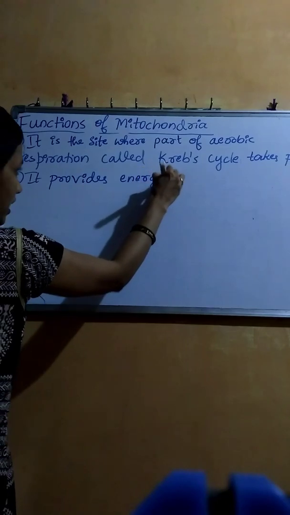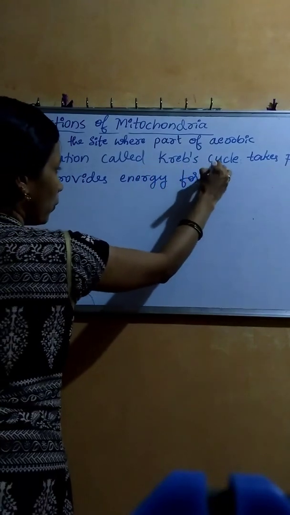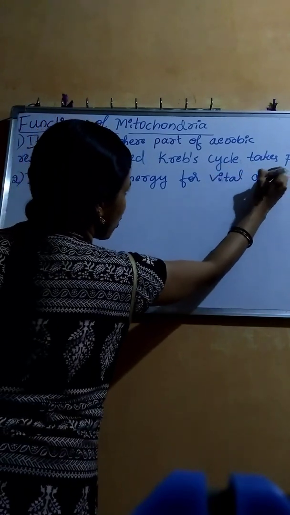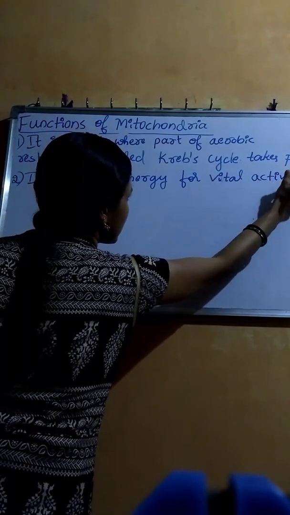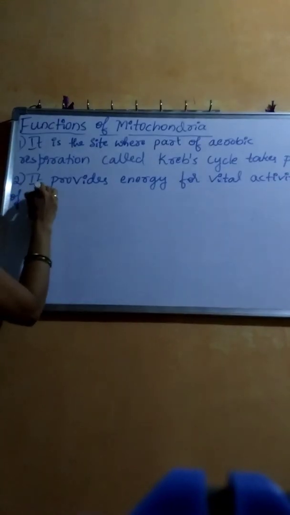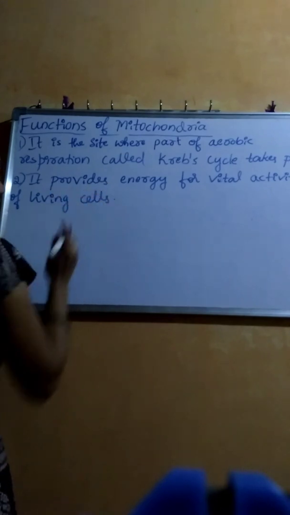Mitochondria provides energy for vital functions, the important activities of living cells. It may be the synthesis of any cell components, or the multiplication of the cells, etc. And mitochondria provides energy in the form of ATP, adenosine triphosphate.